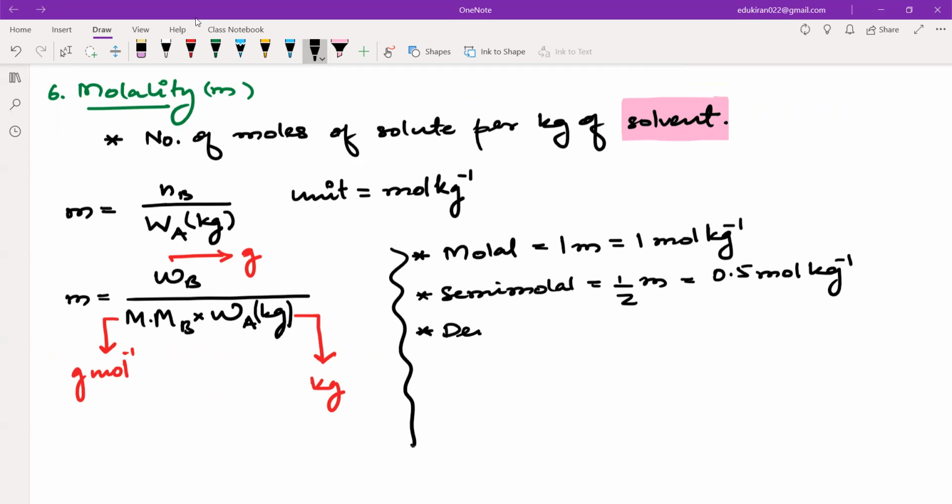Further on, you can write about decimolar, centimolar, and millimolar. Please write this down. Let me know when you're done.